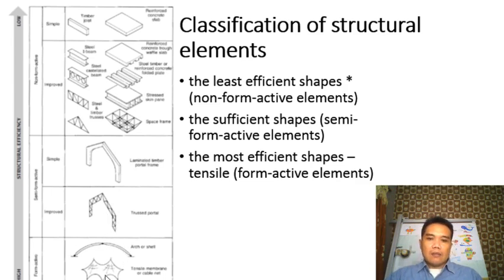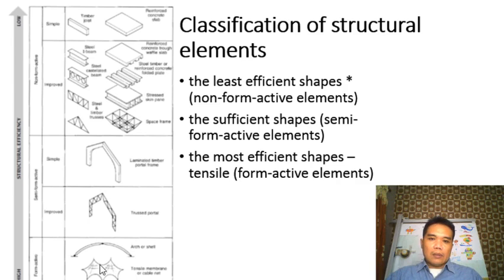And the last is, of course, active form tensile. So this tensile active element can be seen as the most efficient way to make a building, since we are only using minimal materials.